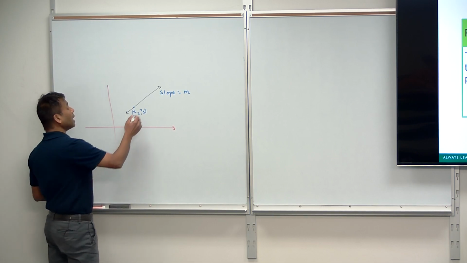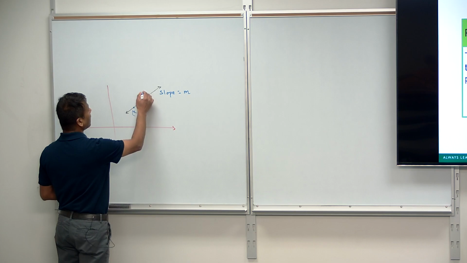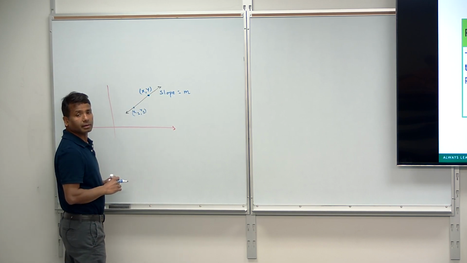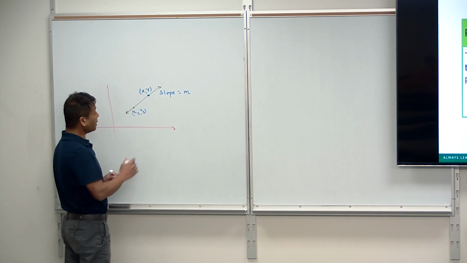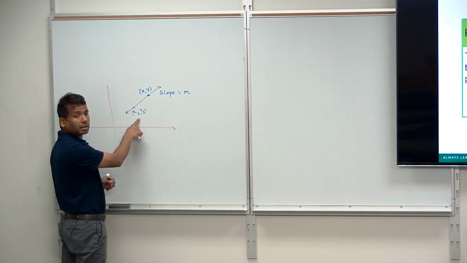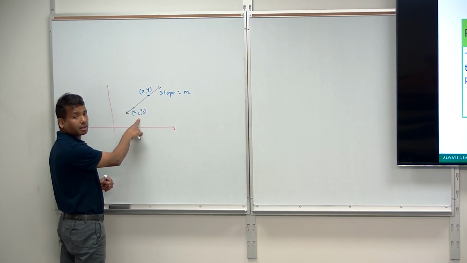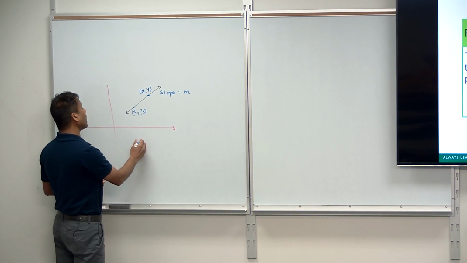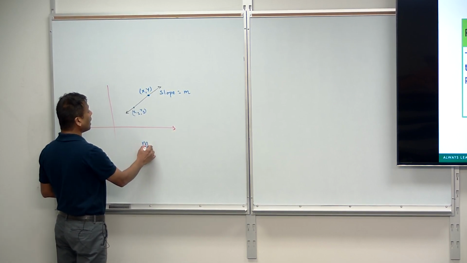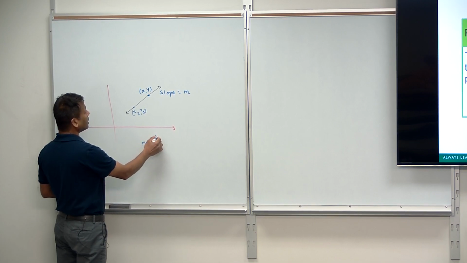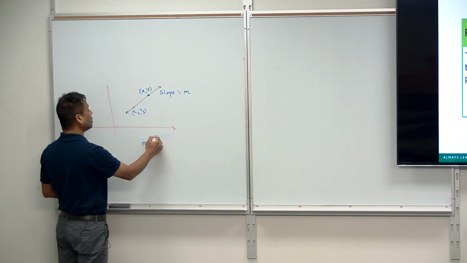So if you pick a general point, let's say x comma y on this line, this is a general point. This is a fixed point. Okay? So now if you want to find the slope of this line, you know the slope formula: y2 minus y1 over x2 minus x1.